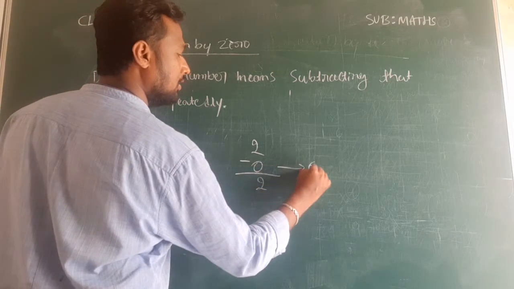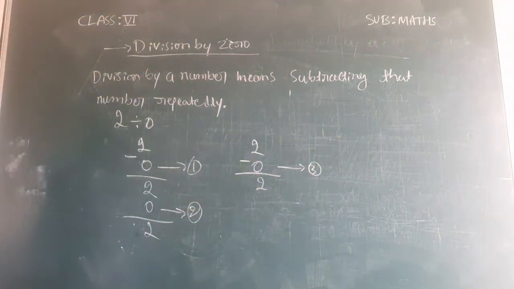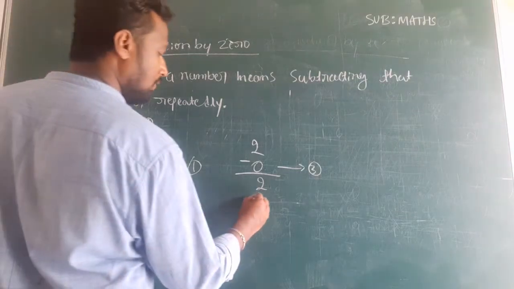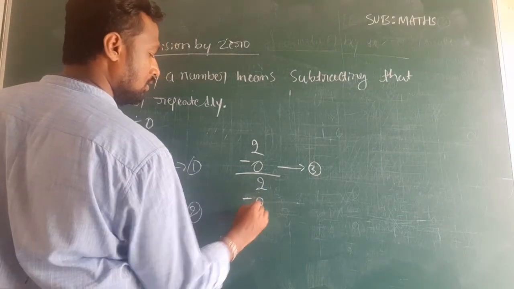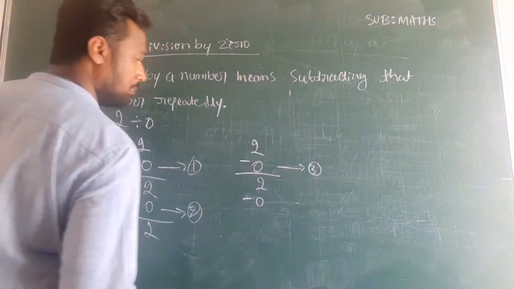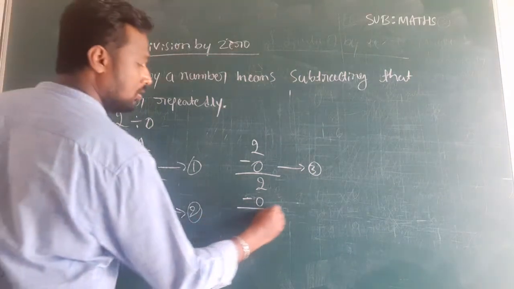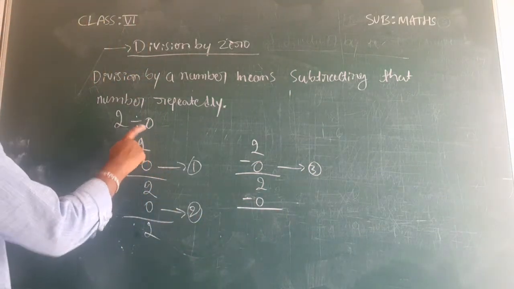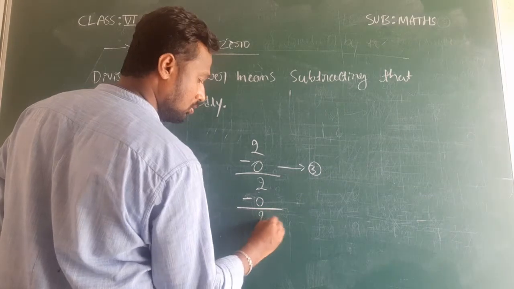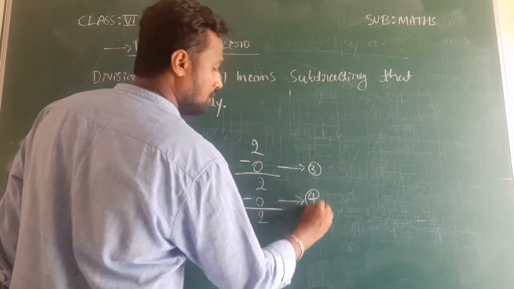Now again I will subtract 0 from 2. 2 minus 0 means 2 only. This is the fourth time I subtracted.